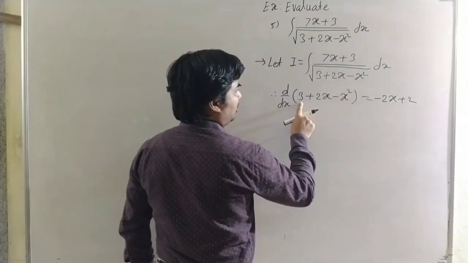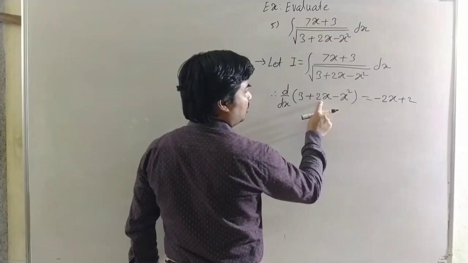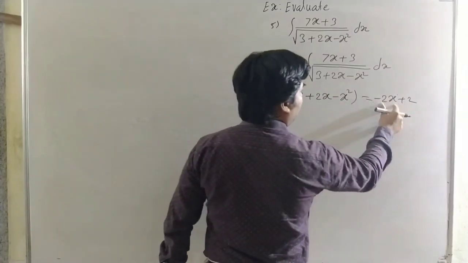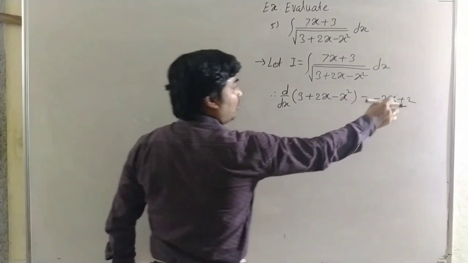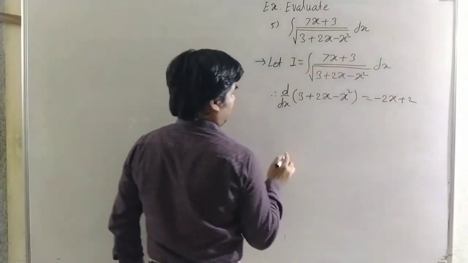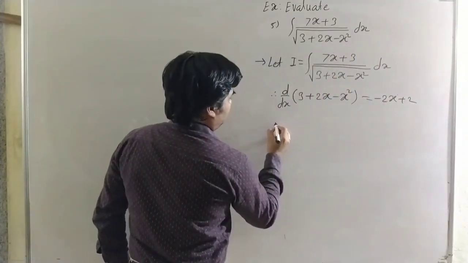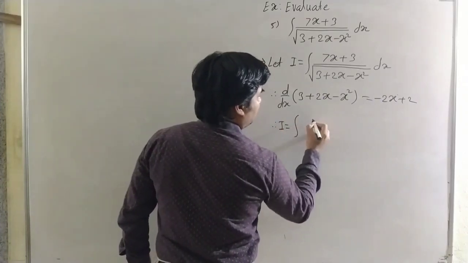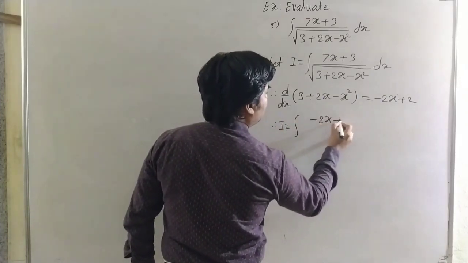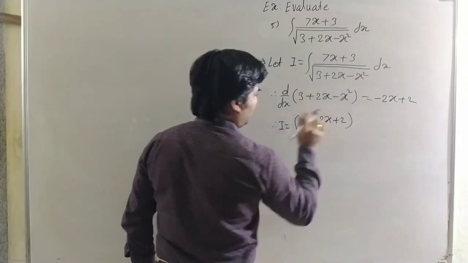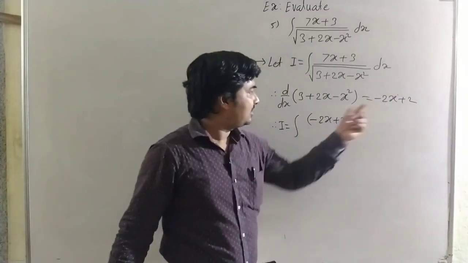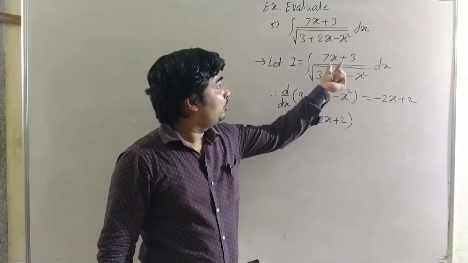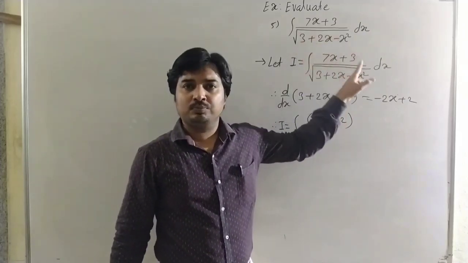Derivative of 3 is 0, derivative of this 2x is 2, and it is minus 2x. Therefore, minus 2x plus 2 is the derivative. Now, we adjust this term in the numerator. Therefore, our integral, it is minus 2x plus 2. See carefully, it is minus 2x plus 2, we can adjust in the numerator. But in the numerator, there is 7x plus 3.